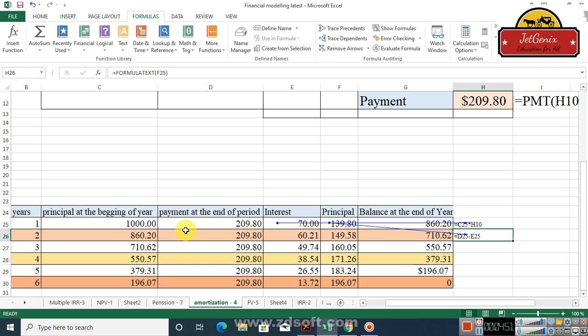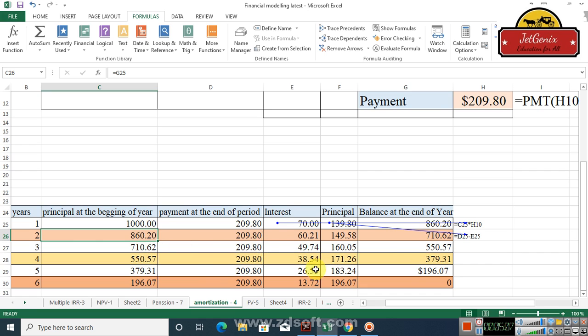Now you see the first year, second year. The closing balance of the first year is the opening balance of the second year. The closing balance of the second year is the opening balance of the third year.